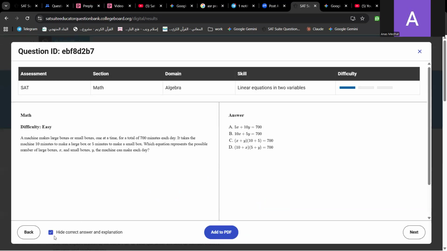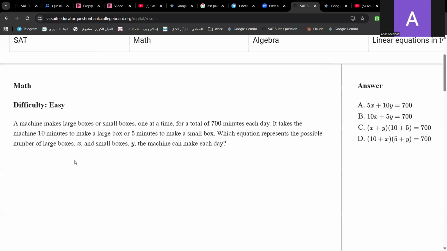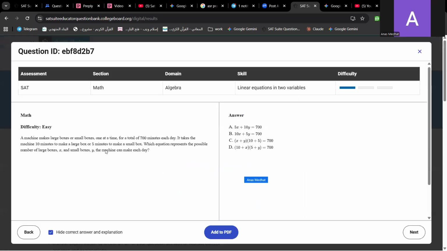So the answer is A. I mean B. Wait 1 second. It takes 10 minutes for the large box, x. Oh, 10 for x. Sorry. Plus 5 for y. So the answer is B.